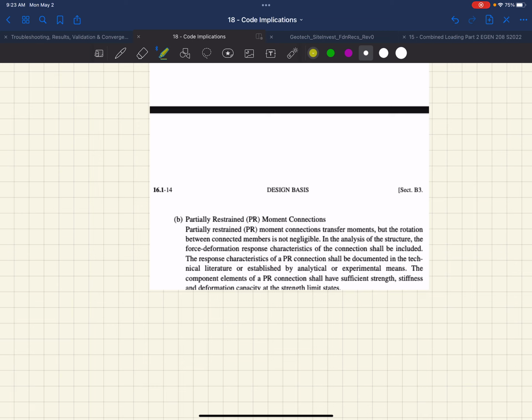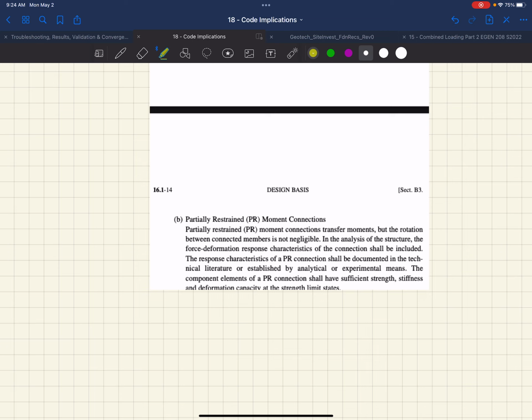They know there's going to be moment transferred, but it's going to be small because we reduce the stiffness of this connection piece. Whether it's a shear tab, it's a plate, right? And they limit your thickness of the plate. For a double angle, sometimes they'll put, right? We'll weld an angle. So now if you looked at this, just draw it right here.